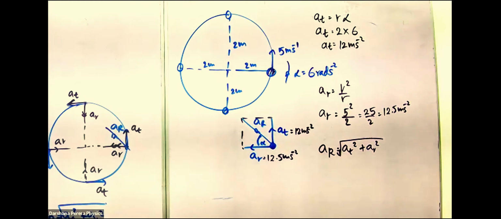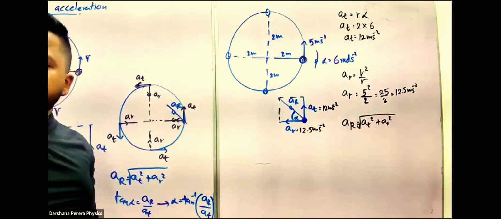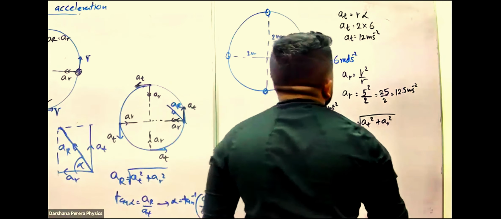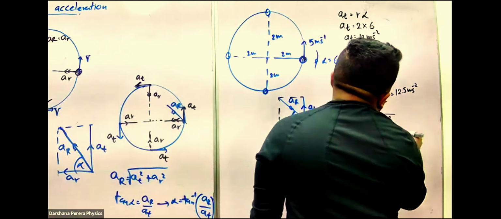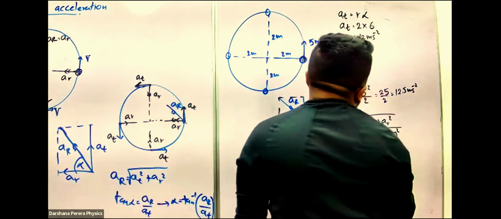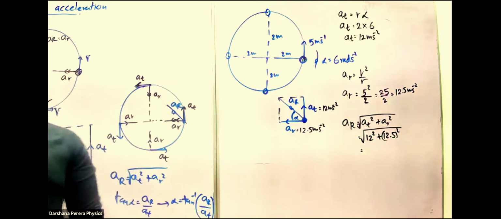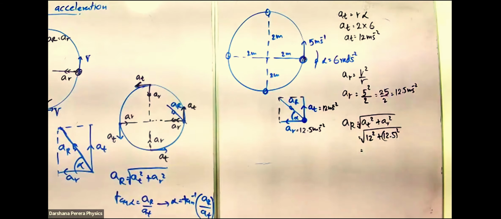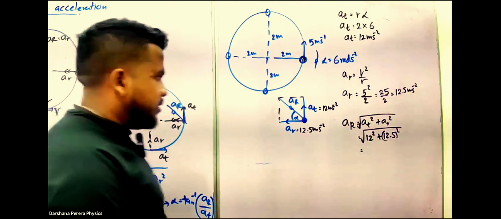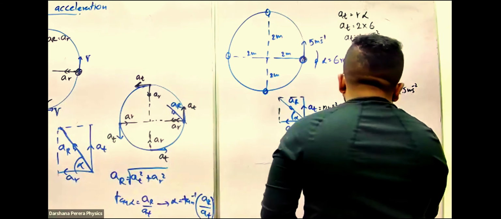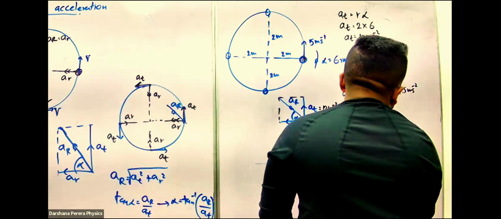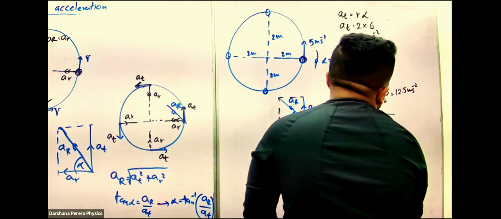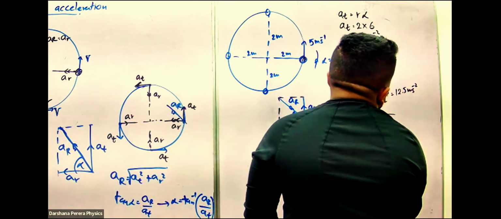Therefore, we take 12 square and 12.5 square. The answer is 17.33 m s minus 2. Right.